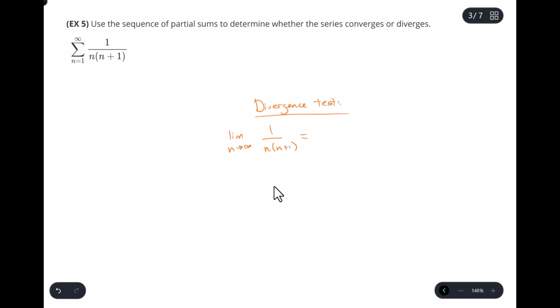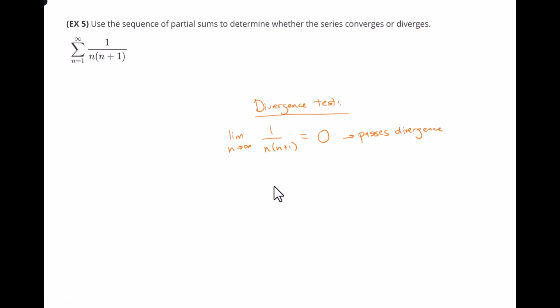Well, the numerator is not growing, the denominator is growing, and so the value of this fraction ultimately would be 0. So this passes the divergence test. So that tells me that this could converge. We still don't know, but it could.